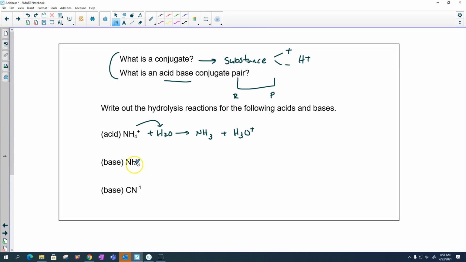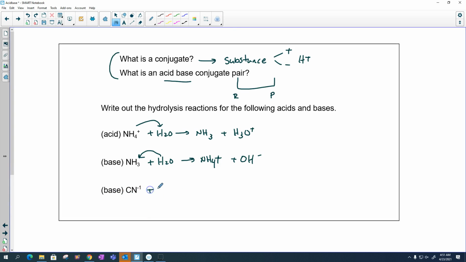This one is now a base. Let's run this one through: NH3 plus water yields NH4 plus and OH negative. Now that's a new one for us. I'm going to let the water donate back this way. We have yet to see that version, but that's a new idea. Seeing it's a base, it's going to accept an H plus.